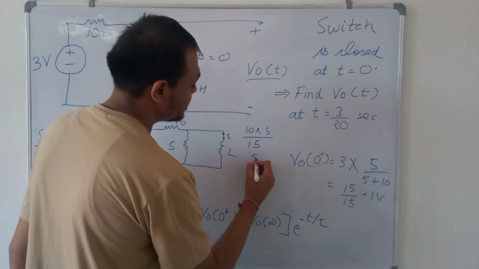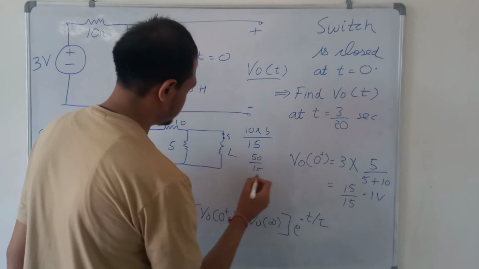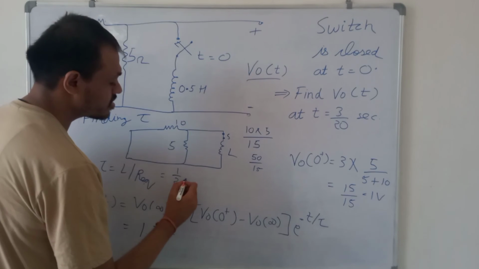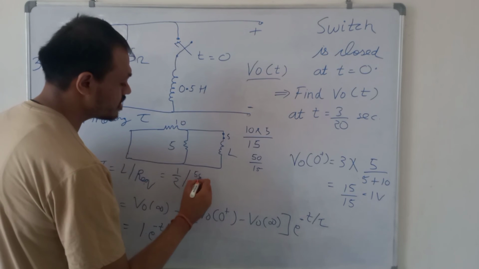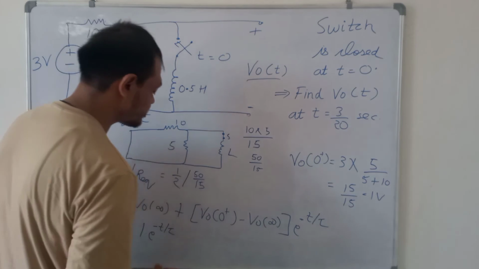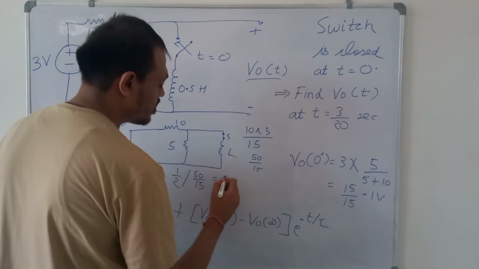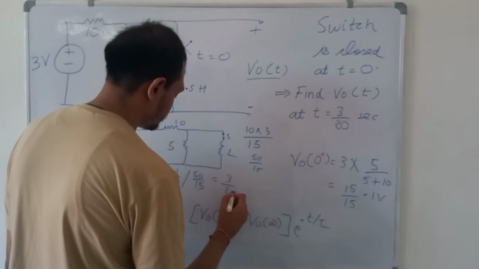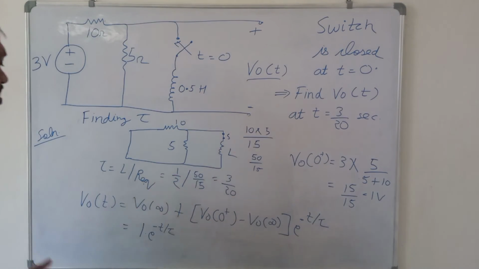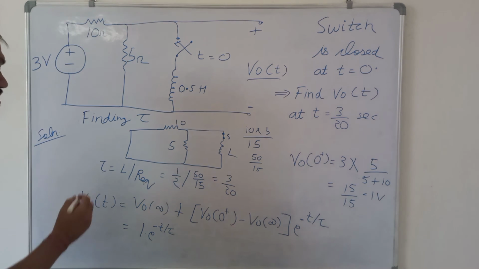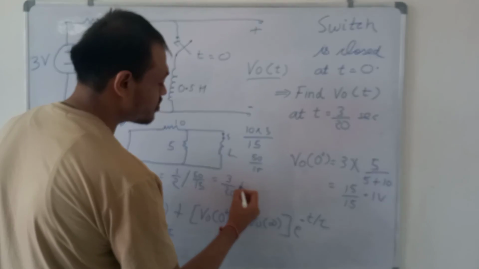So tau is 1 by 2 upon 50 upon 15, which is 15 upon 100, simplified to 3 upon 20. So the time constant tau is 3 upon 20 second.